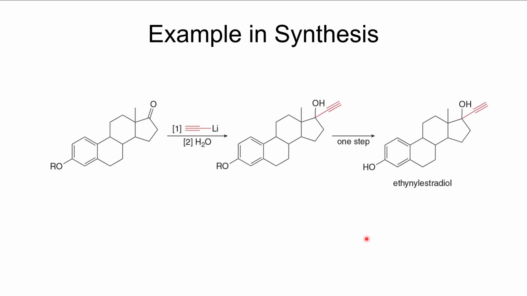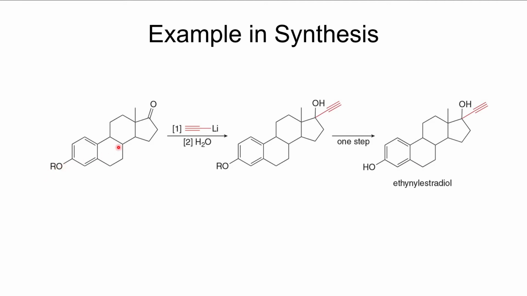So here is an example of using this particular type of reagent in a synthesis. So here we've got a steroid backbone, and I don't know exactly what compound this is, but it's a precursor to making this synthetic hormone over here.